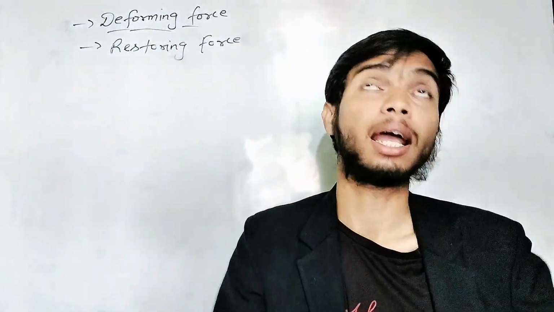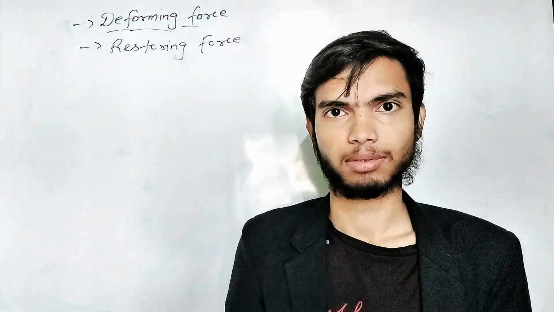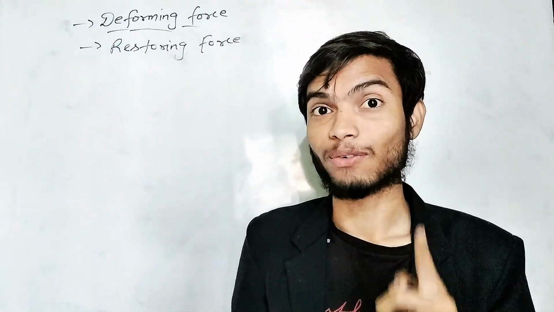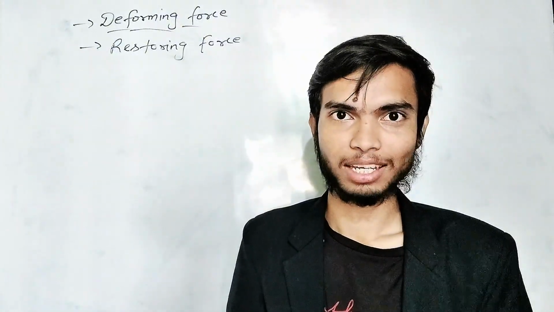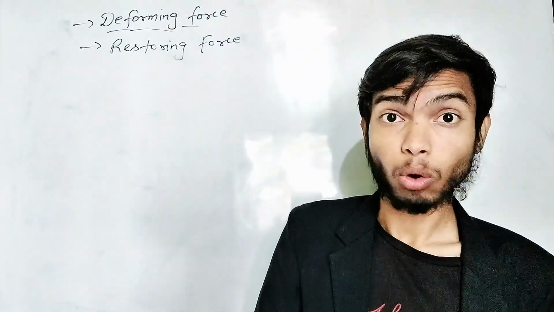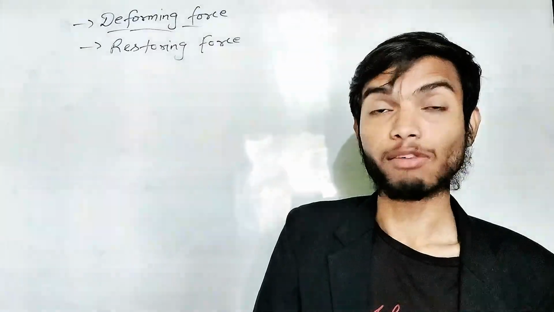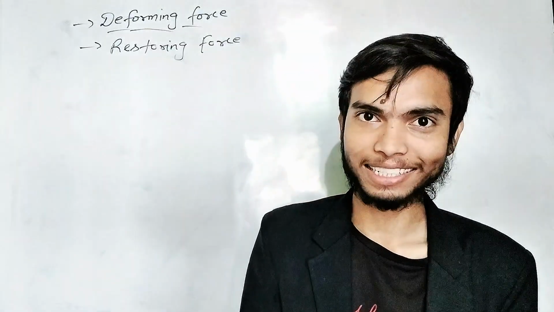It happens in our world. It is nature, and physics is the study of nature. So here, a body can regain its configuration. If a body is not regaining its configuration, we call it plasticity.